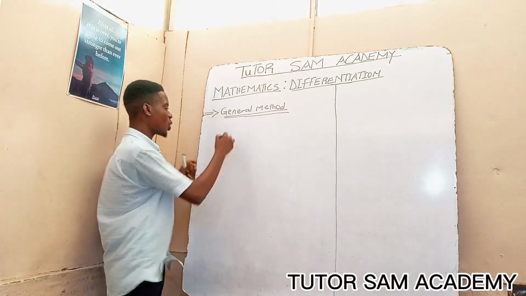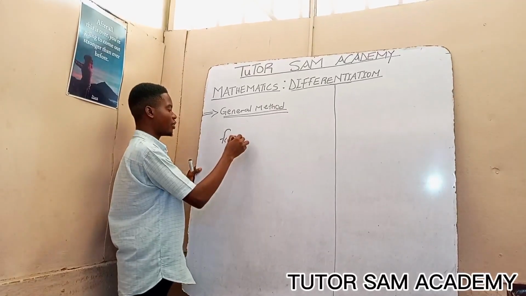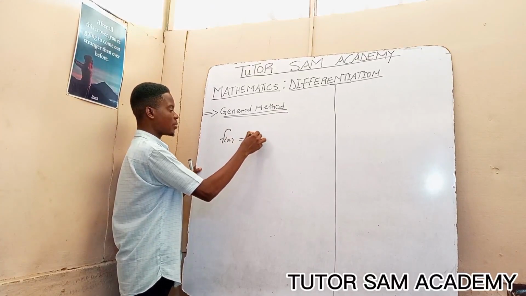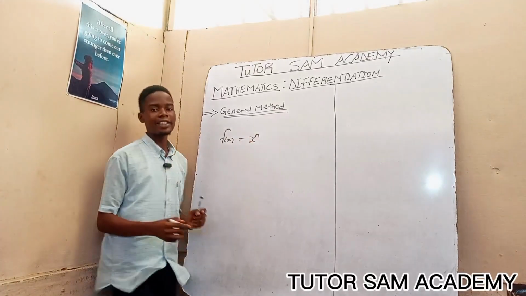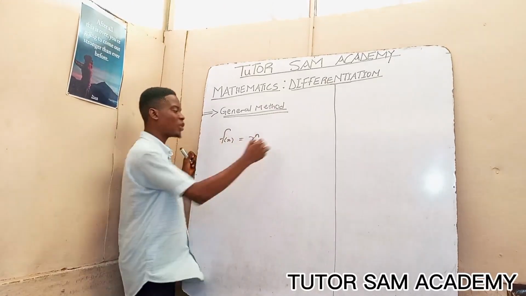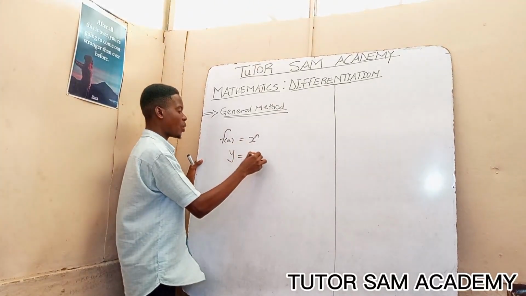Let's take, for instance, you have a function x raised to the power of n. It can actually be y is equal to x raised to the power of n.